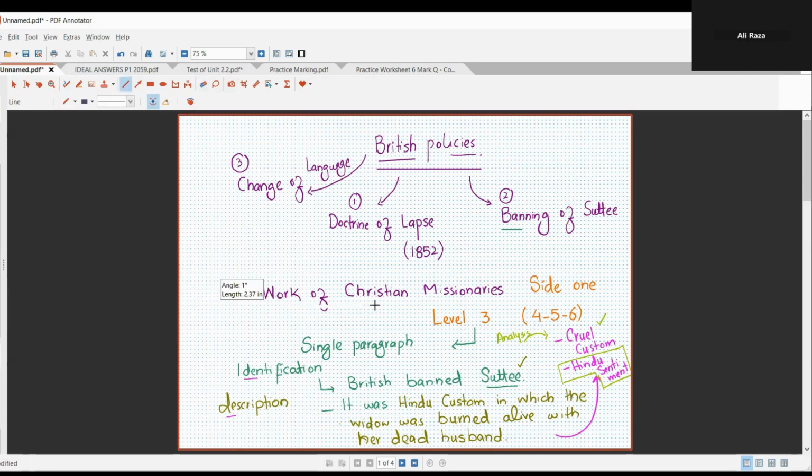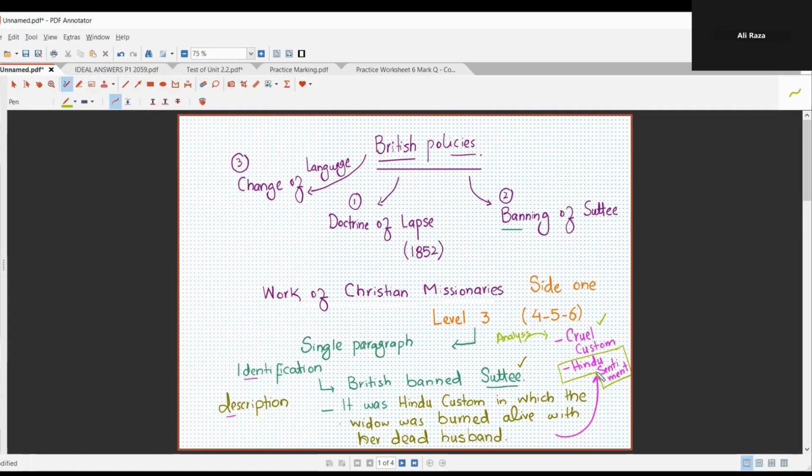So याद रखें, this is something that we are expecting them to understand कि basically banning of सती की वजह से वो उनको hate क्यों करने लग गए. ठीक है, तो the hate that they got was due to the Indian sentiment attached with the custom.